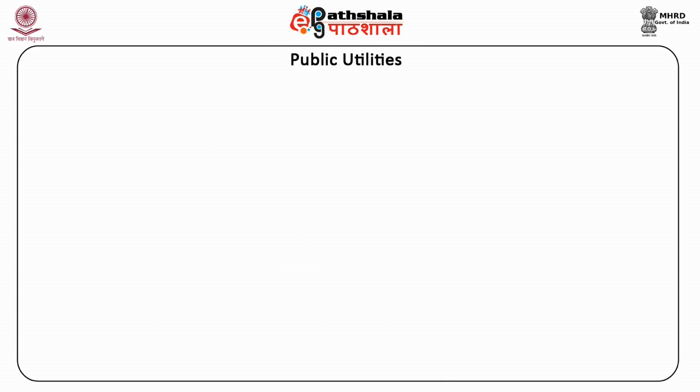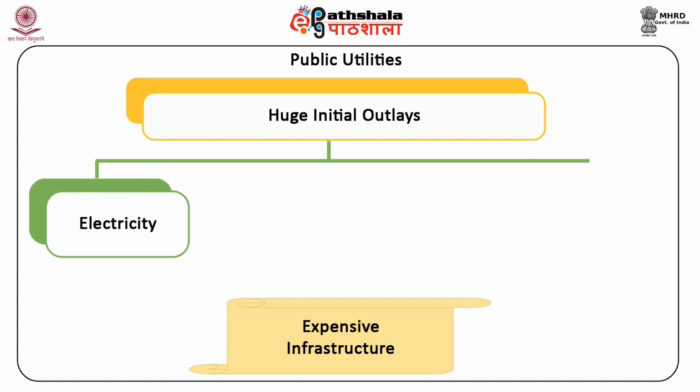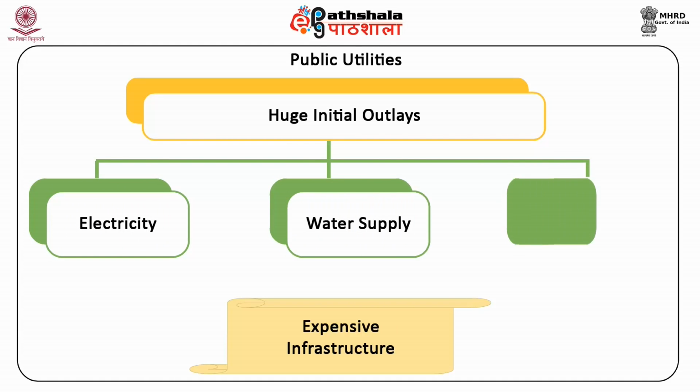Public utilities require huge initial outlays in the form of expensive infrastructure to deliver the good or service, such as in the cases of electricity, water supply, telephone services, etc.